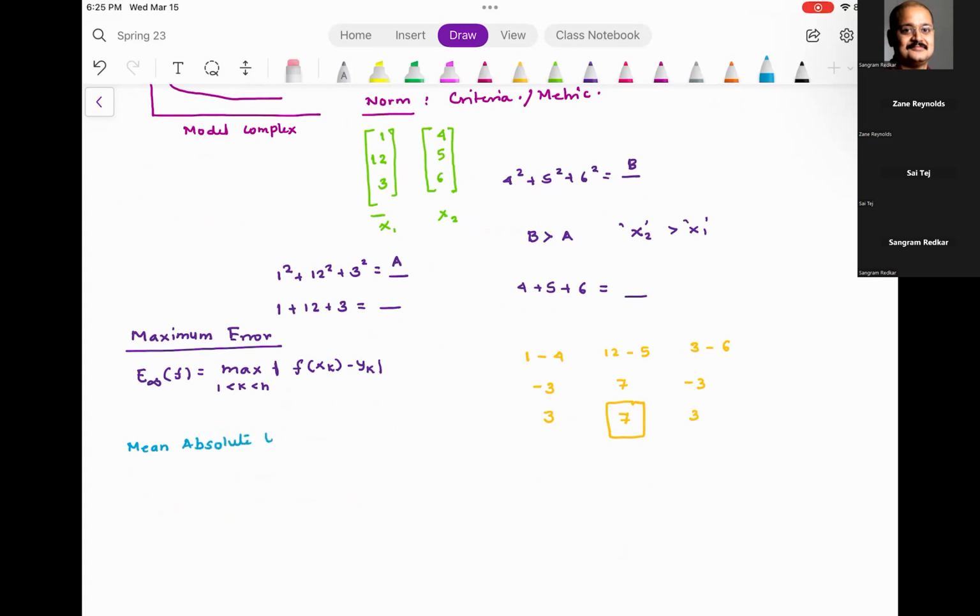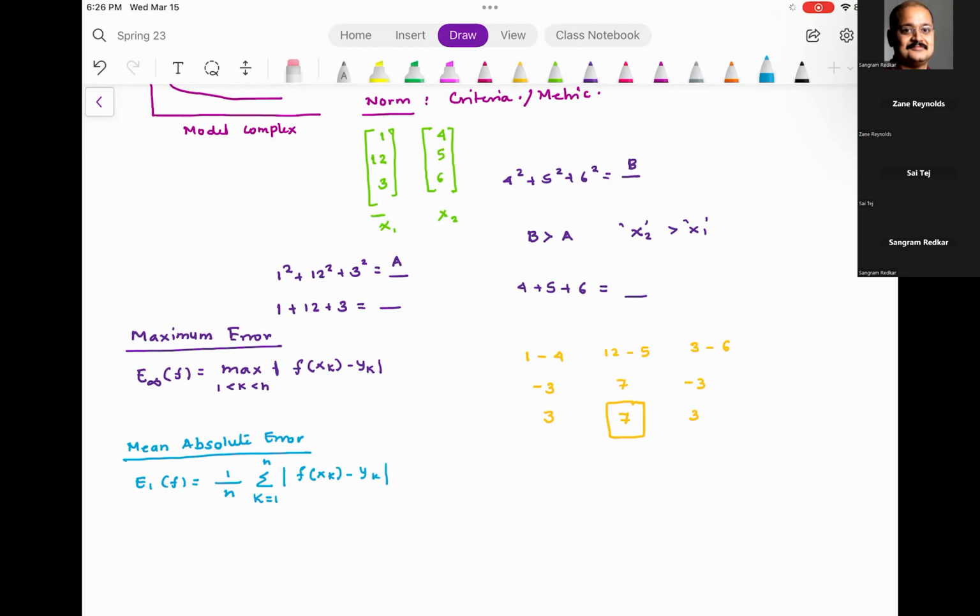E1 of f is equal to 1 over n, summation k equals 1 to n, of the absolute value of f of xk minus y of k.